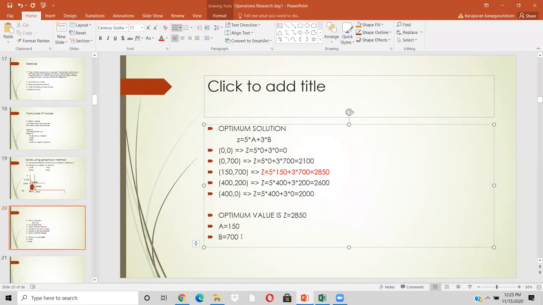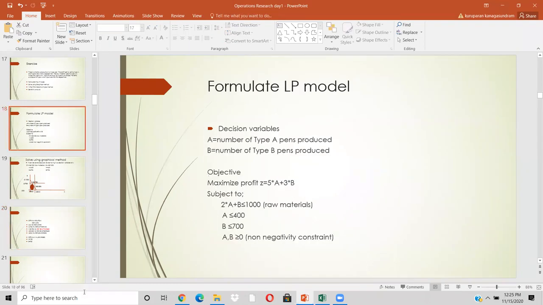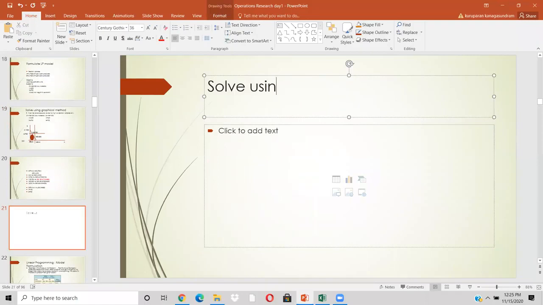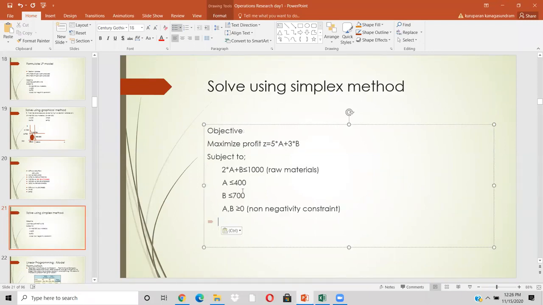Now we will look at the simplex method, how to solve using the simplex method. Here the objective is given, subject to constraints.